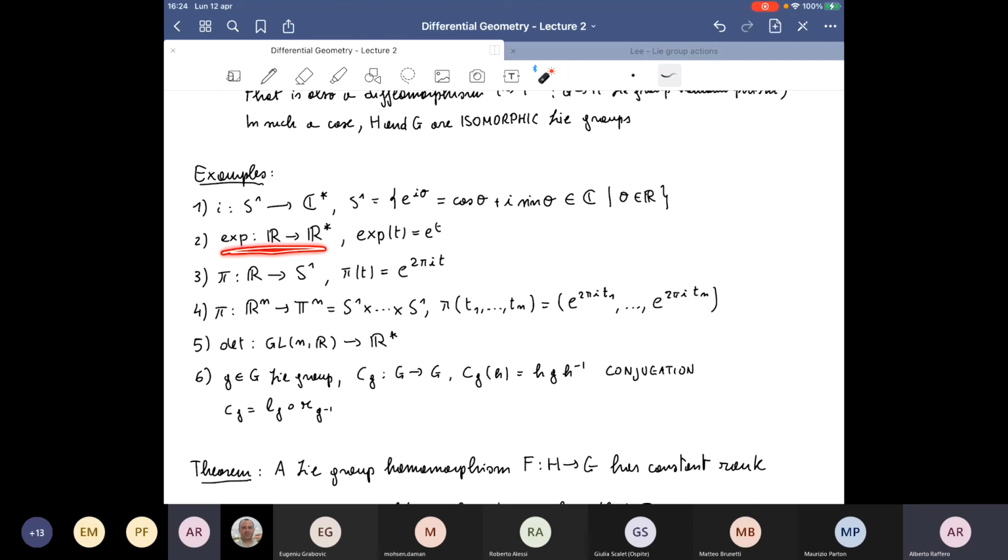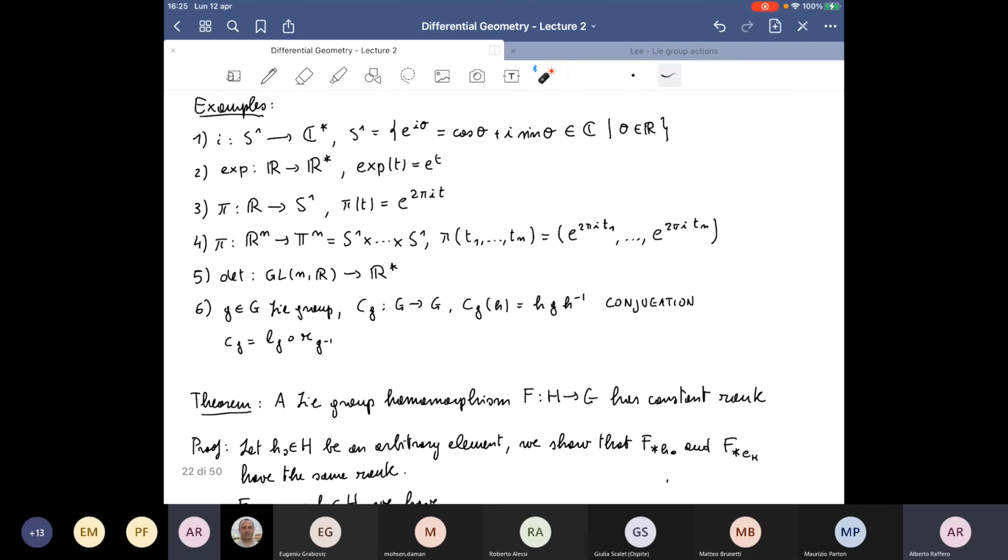The exponential map sending a real number to its exponential is a Lie group homomorphism from the real numbers with the sum, considered as a Lie group, to the real numbers without zero, considered as a Lie group with the product.